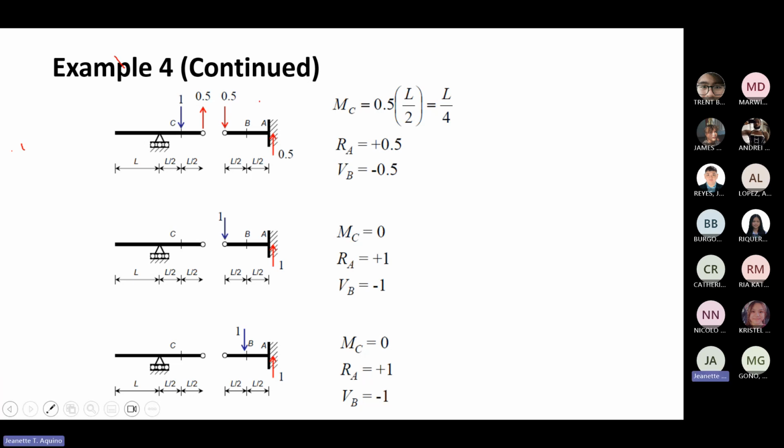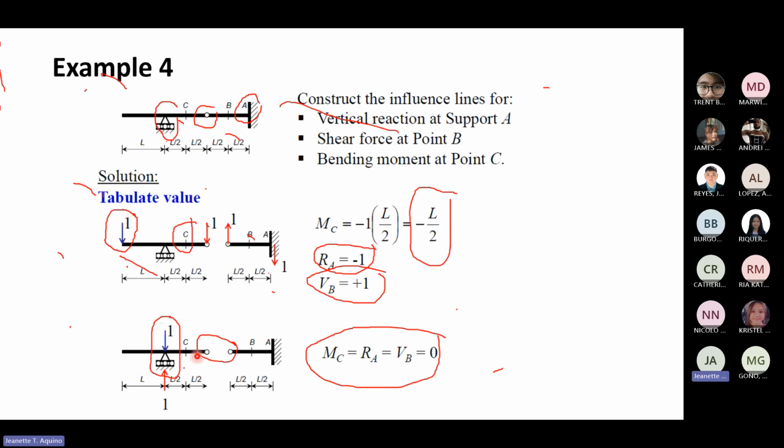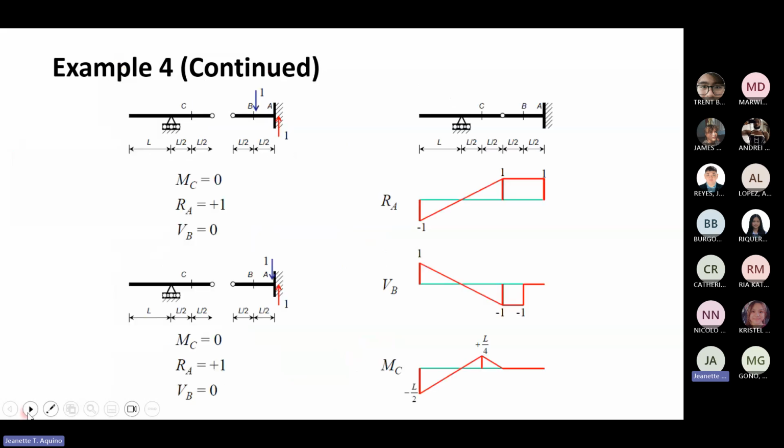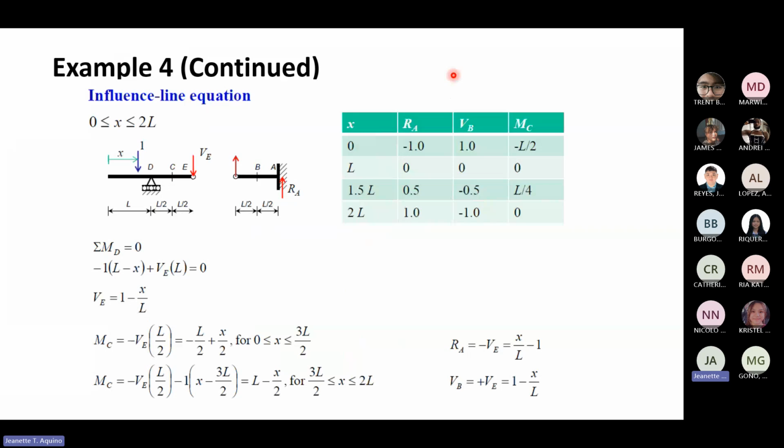First we have 0 and 0L, then L over 2, 2L, and here is 0, then L, 0L, and then 2L, and here is 2.5L, and then 1.5L. So just now the values that we resolved are tabulated here.